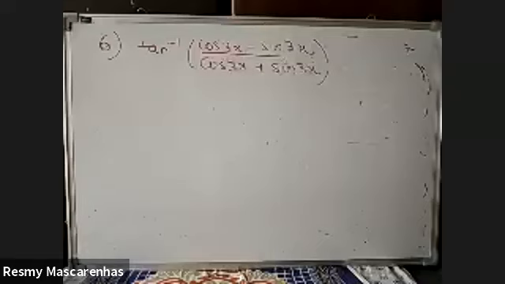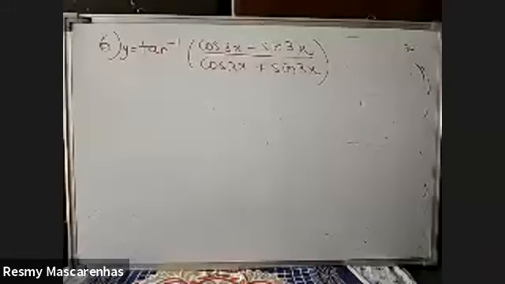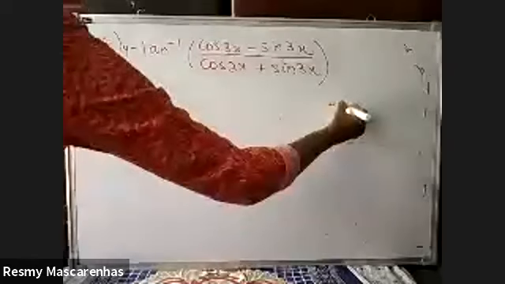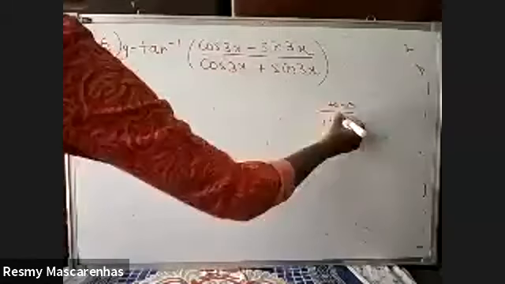Now, first we have to simplify, because directly you can't take the derivative of this. In inverse trigonometry simplification, whenever there is a combination of cos and sine, we have to try to make it in the form of 1 minus tan theta upon 1 plus tan theta.